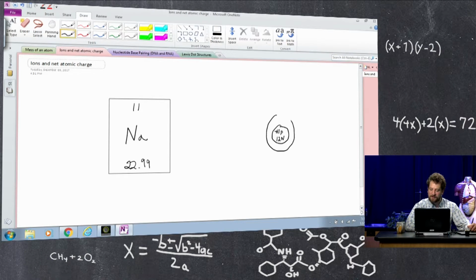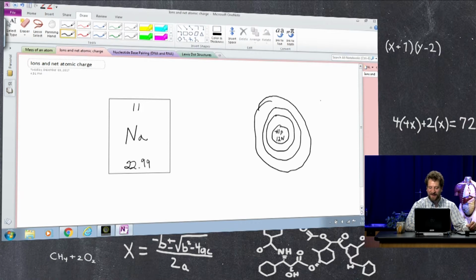Sodium actually has 3 electron orbitals. Sorry, my circles are not very good here. They're very hard to freehand. Oh gosh, that's not very good. Sodium has 1, 2, 3, 4, 5, 6, 7, 8, 9, 10, and then 11 electrons.